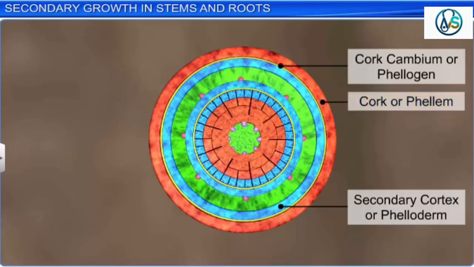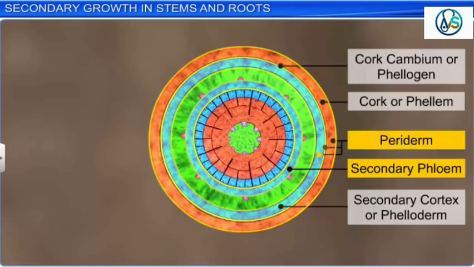Tissue resulting from secondary growth in the cortex, namely cork, phellogen and phelloderm, are collectively called periderm. Tissues outside the vascular cambium, which includes the secondary phloem and periderm, are typically known as bark.